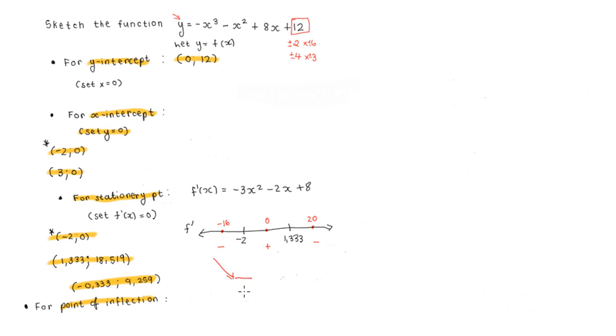And then in between the stationary points, your f of x function is increasing. At the stationary point of 1.3 recurring, you're going to have a horizontal tangent line. And lastly, for the last interval, your f of x function is decreasing. Okay, and there you go.